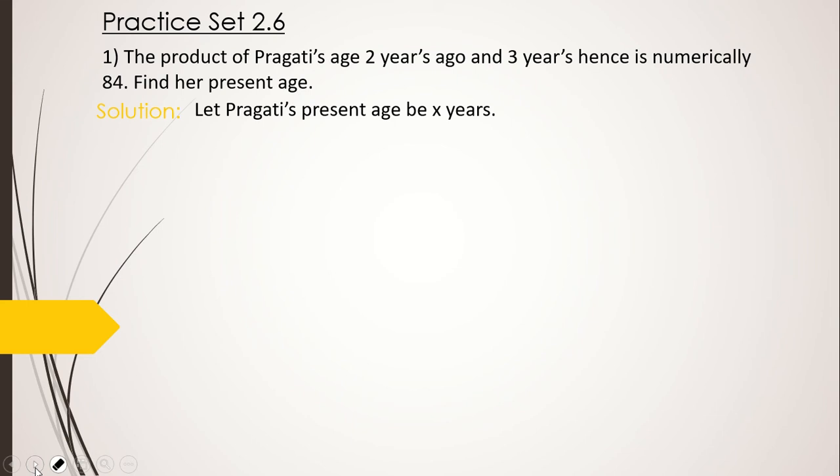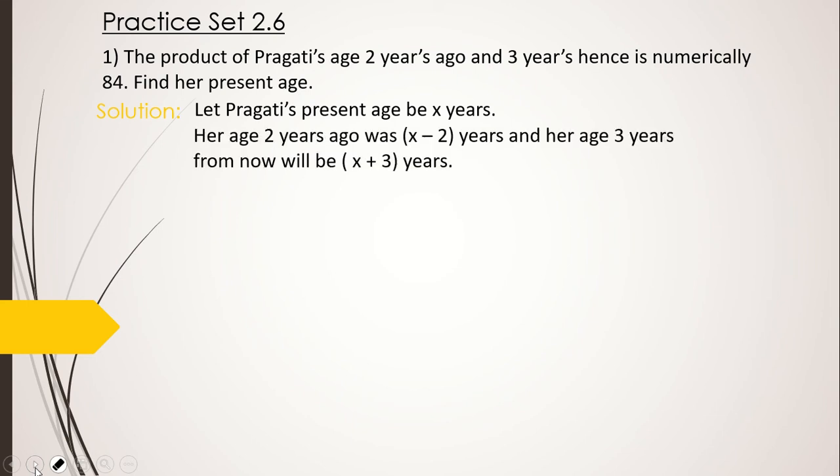So let Pragati's present age be x years. Her age 2 years ago was x minus 2 years and her age 3 years from now will be x plus 3 years. Now according to the given condition, they have said product, and product means multiplication. So x minus 2 into x plus 3 is equal to 84.